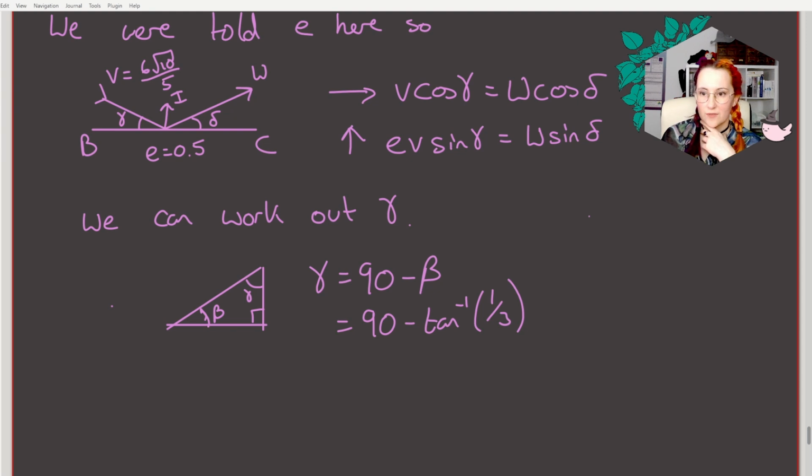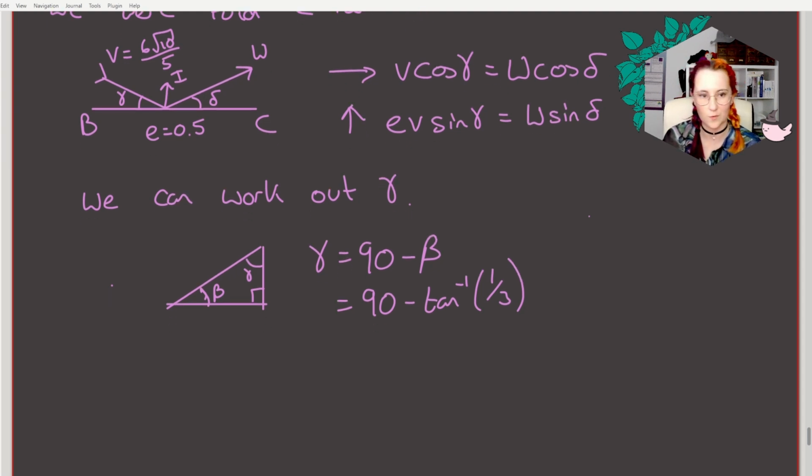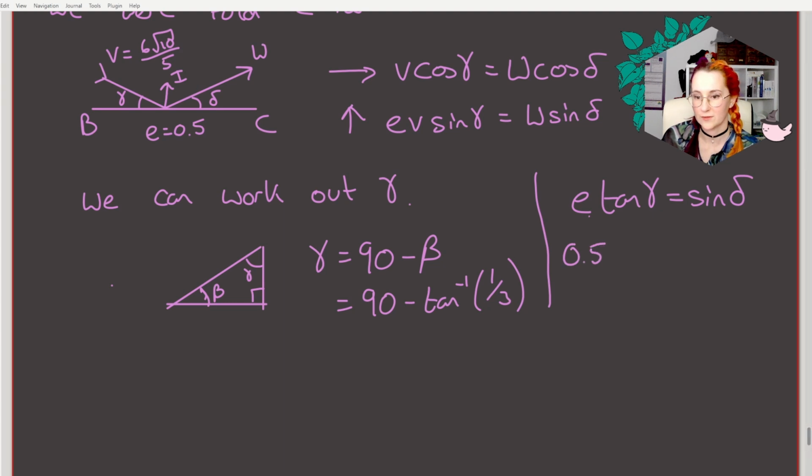So, trying to find delta here, we can use the coefficient of restitution equation. So we have that E tan gamma is tan delta. So that's 0.5 tan of 90 minus arctan of a third. Don't know why I keep doing the wrong trig function.